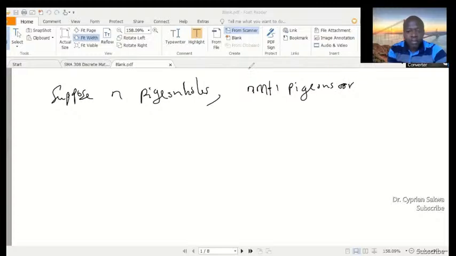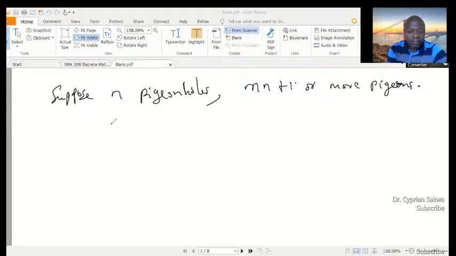Let's think, how will they be occupied here? The pigeons are more than the pigeonholes.